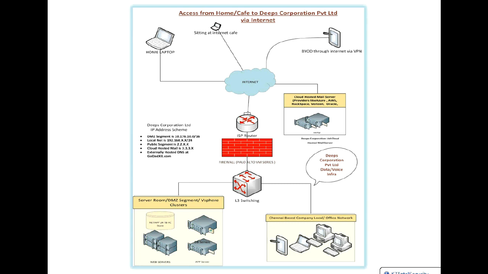In case a mail request comes from outside of the office, this mail is routed to the appropriate AWS mail server through the Palo Alto firewall, after scanning for threats and based on the firewall policy.